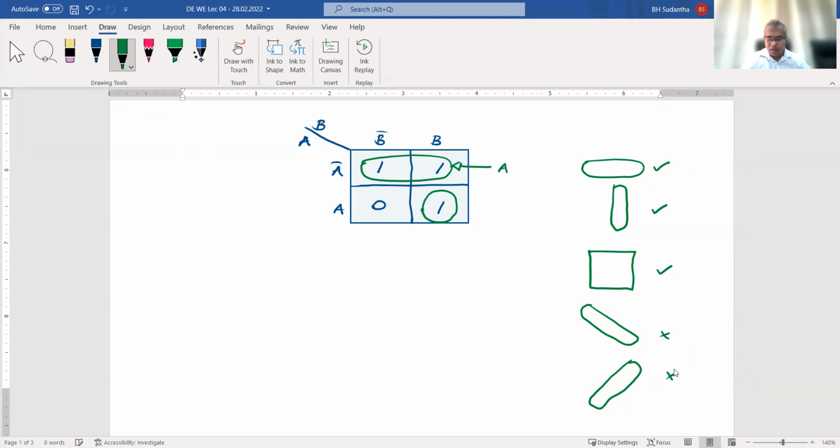Then we put A bar here, showing that we have taken the entire A bar row for our grouping. And what about this one? This is a standalone one, AB. Then we can write this minimized equation now: F equals A bar plus AB.